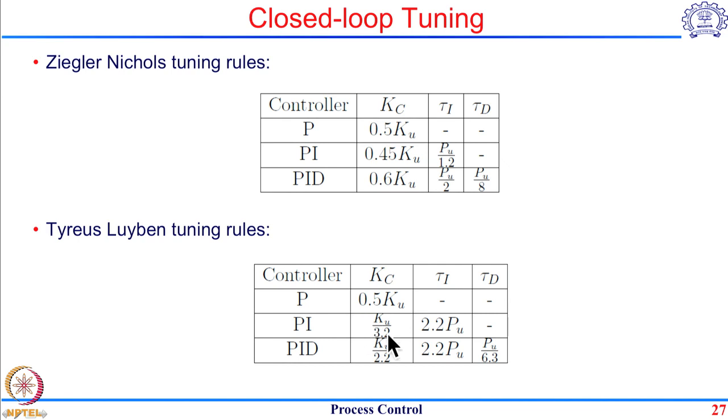These are the tuning parameters given by the Tyreus-Luyben method, where the P controller has the same equation, but all the other controllers are detuned significantly. The gains are much smaller than Ziegler-Nichols and integral time constants are larger, both of which are going to reduce the speed of response, but also improve the decay ratio. The response will not be very oscillatory.